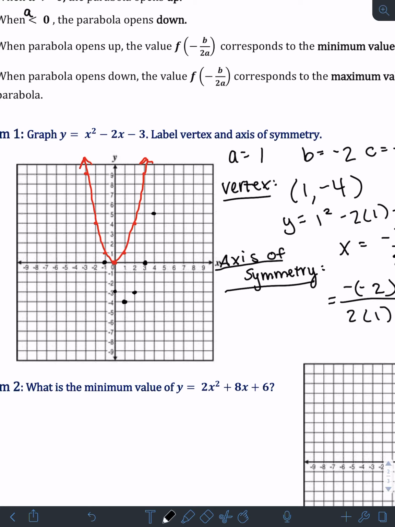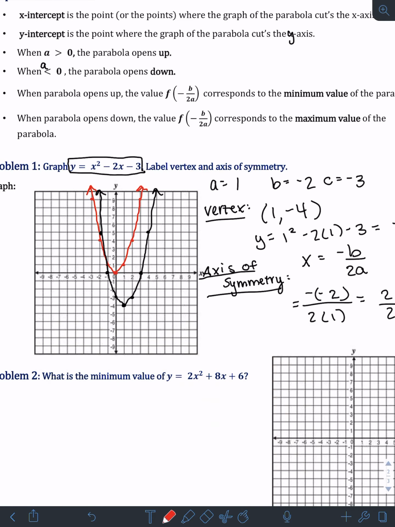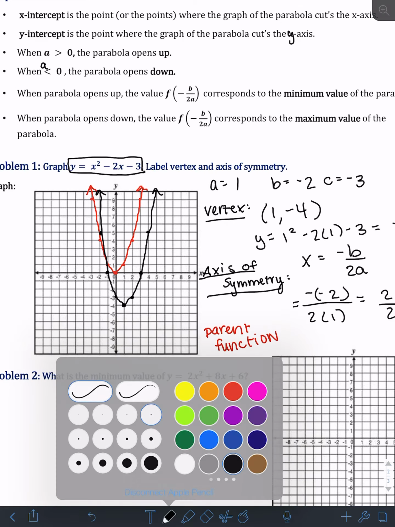From my vertex, not from the previous point, but from my vertex. So the one written in black is this parabola, and the red one is my parent function. You do not necessarily need to graph the parent function on there. I just thought I would so you knew what we were talking about.